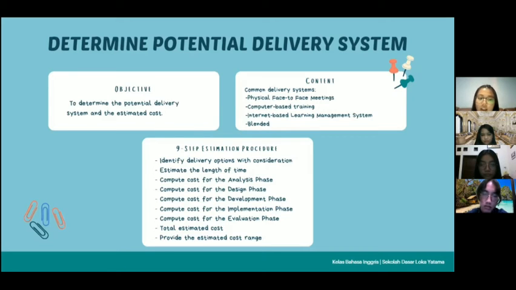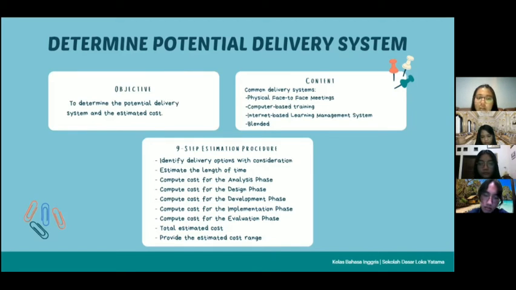There are nine steps in the estimation procedure for determining the potential delivery system. First is to identify the delivery options under consideration. Second is to estimate the length of time of each delivery option under consideration. The third is to compute costs for the analyze phase. The fourth is to estimate costs for the design phase.